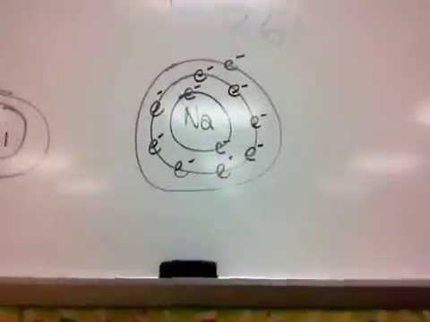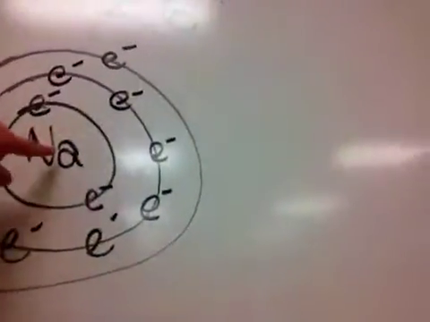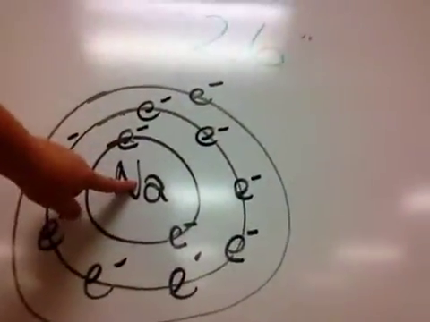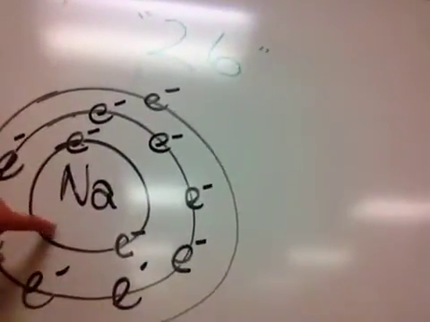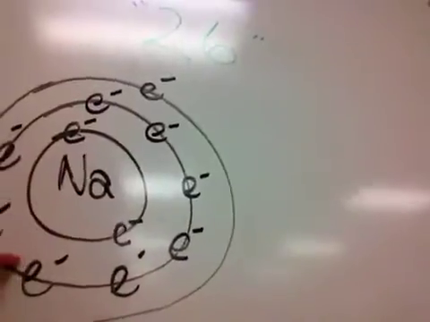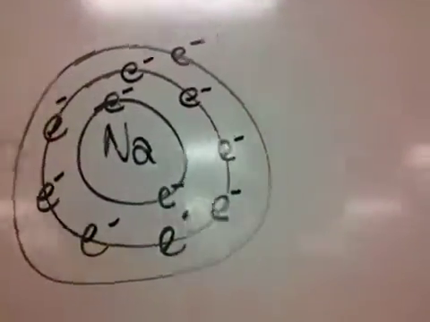So when I say energy levels, that's what I mean. I mean that it's where the electrons are placed from the nucleus. So if my Na just represents the nucleus, I know that there are 3 energy levels. So this one would be my first row. This would be my second row. This would be my third row. Okay?